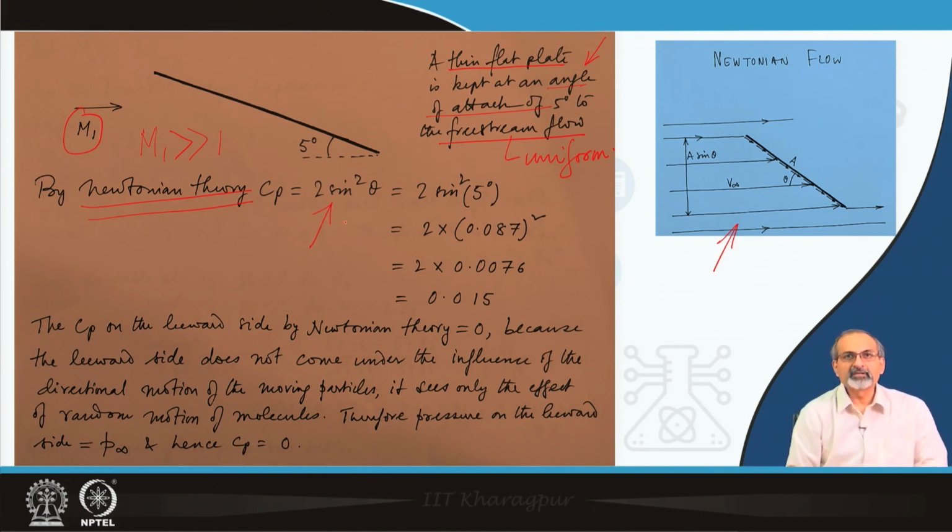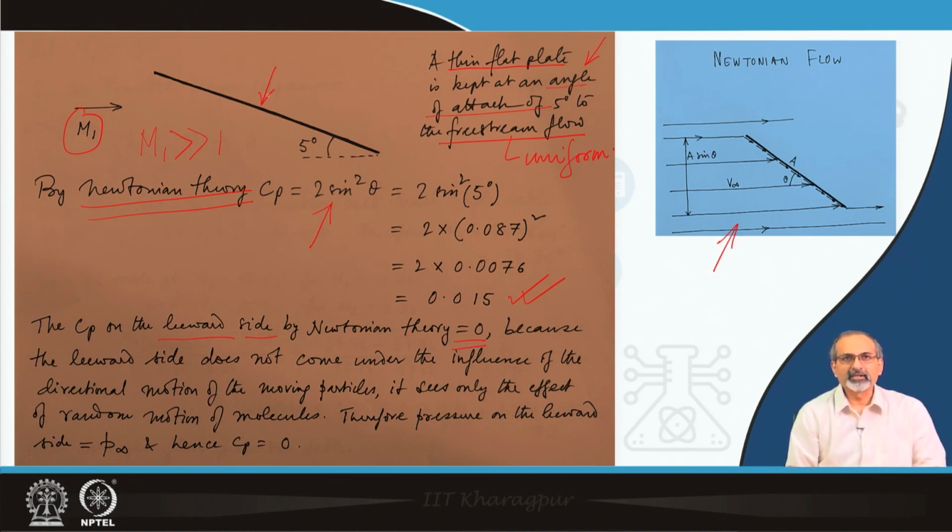The Newtonian theory result for the Cp on the windward side of the plate is given by 2 sin square theta, which comes out to be 0.015, and we say that the leeward side would have a Cp value of 0, because the leeward side is not under the influence of the directional motion of the moving particles.